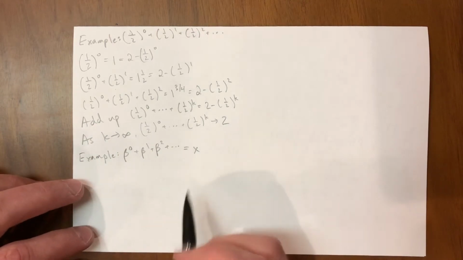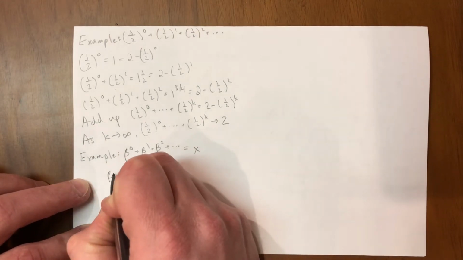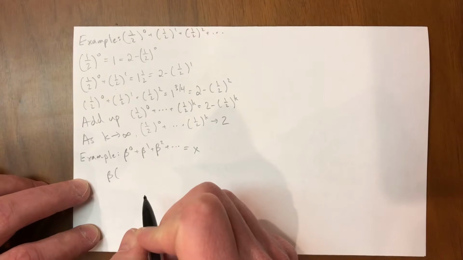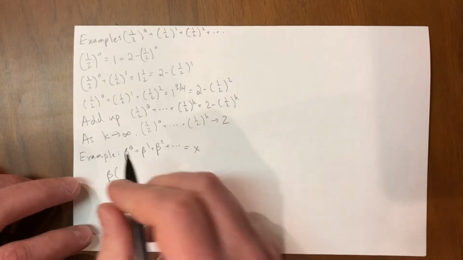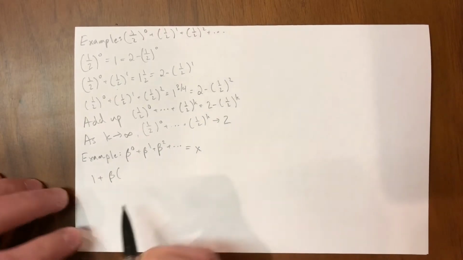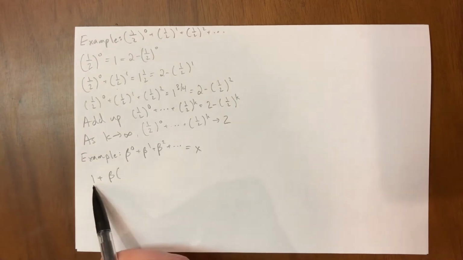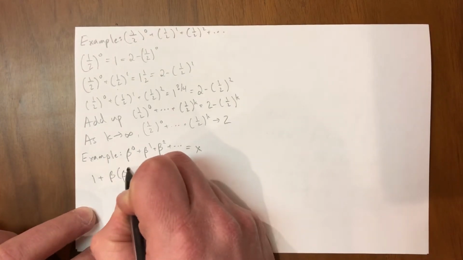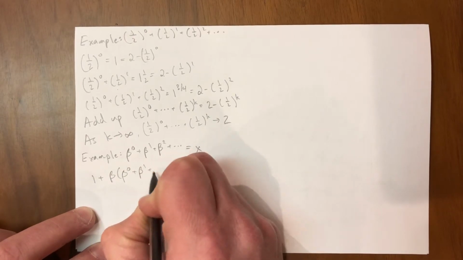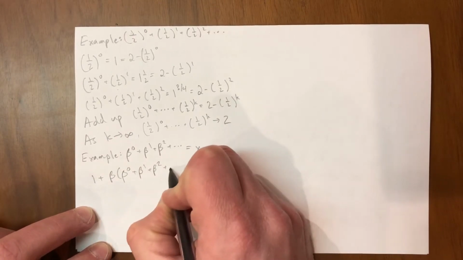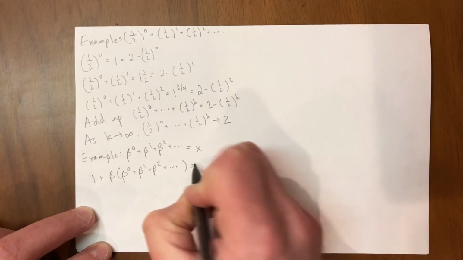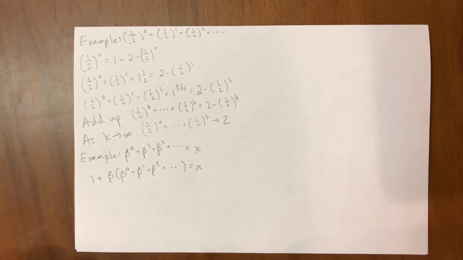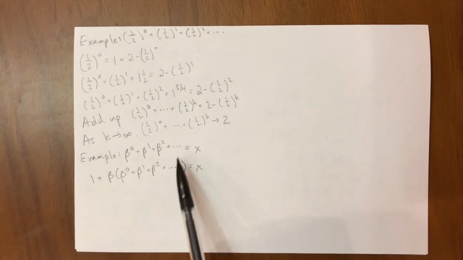Well, one thing that we can say then is that 1 plus beta times (beta to the 0 plus beta to the 1 plus beta squared plus ...) equals x.